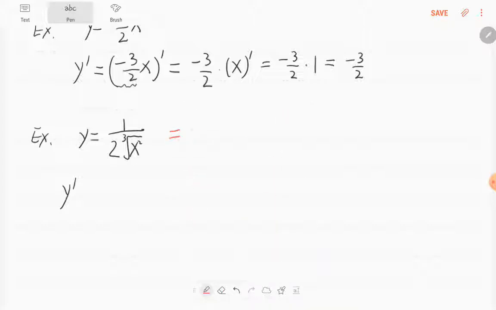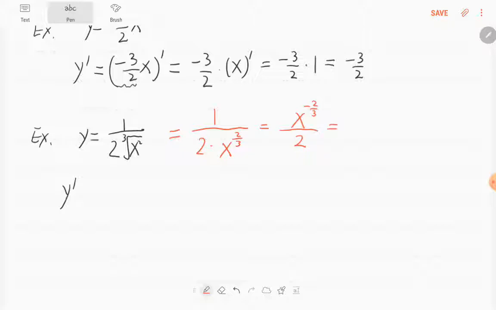So this is equal to 1 over 2 times x to the 2/3, but we need to bring it to the numerator, so this would be x to the -2/3 divided by 2.